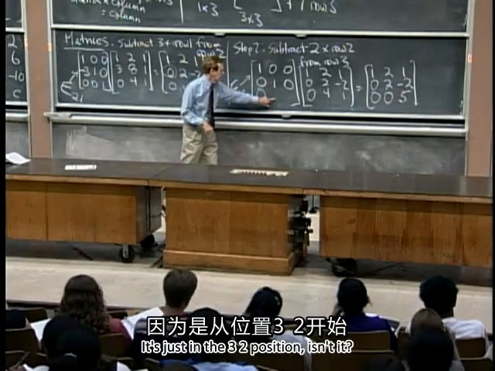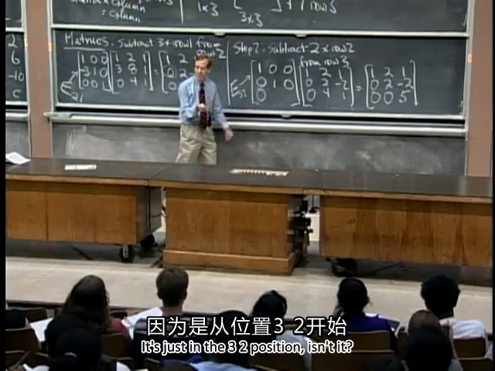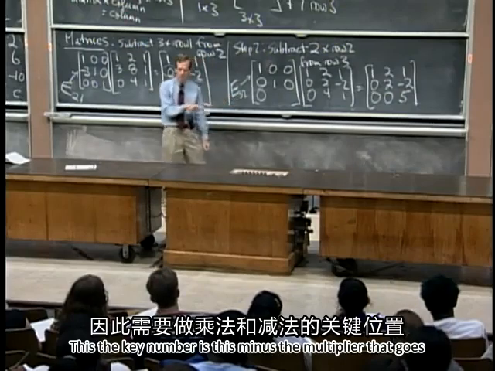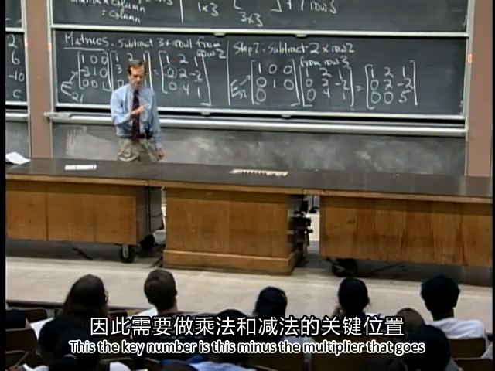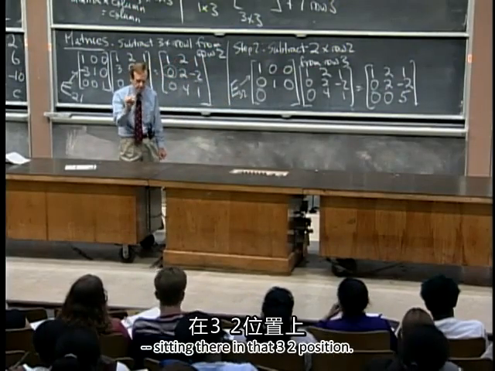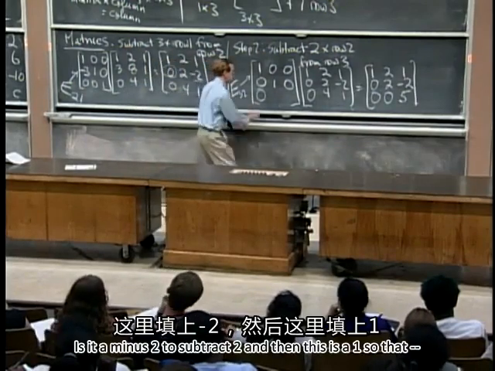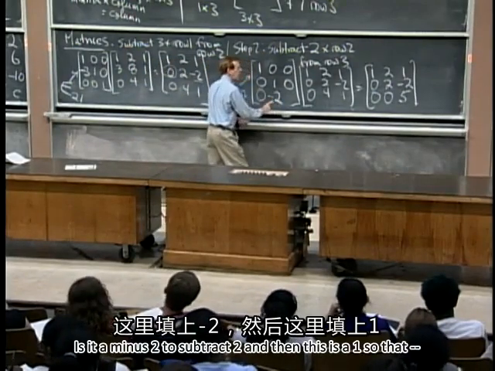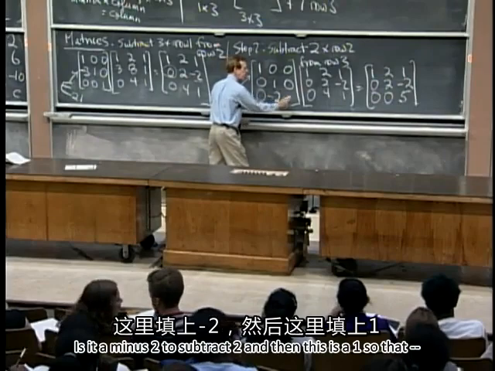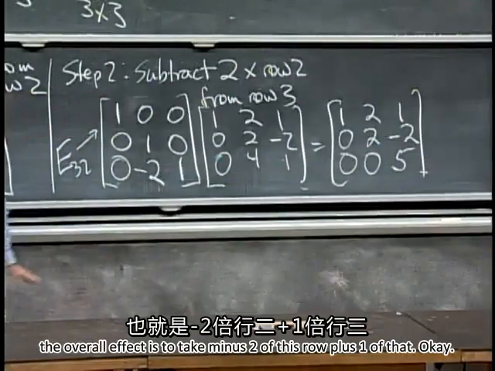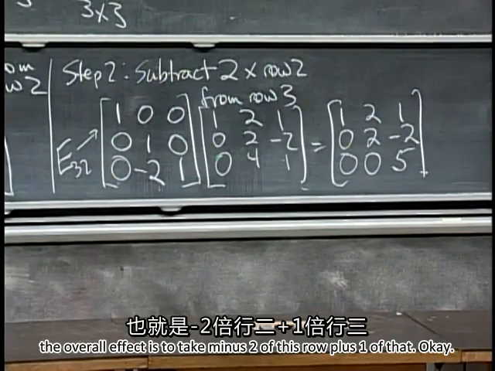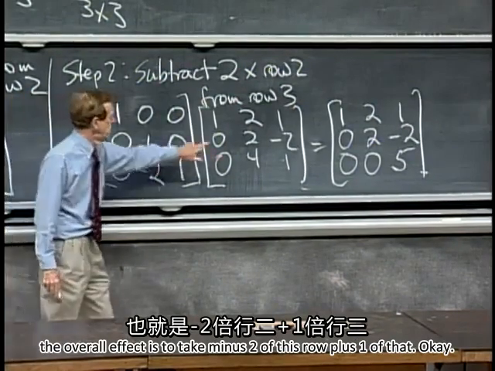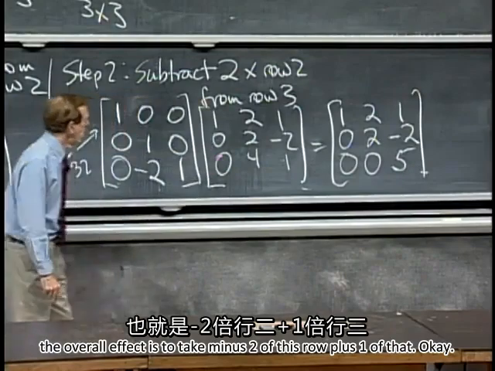The second, it's just in the 3, 2 position, isn't it? The key number is the minus multiplier sitting there in that 3, 2 position. So it's a minus 2 to subtract 2, and then this is a 1, so that the overall effect is to take minus 2 of this row plus 1 of that. Okay.